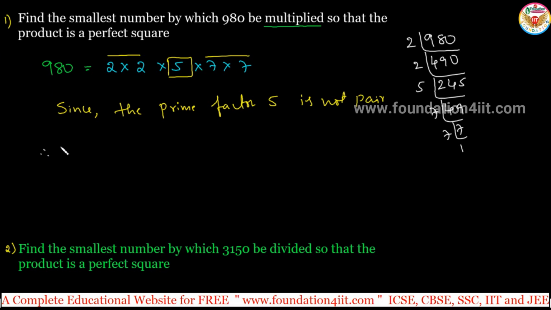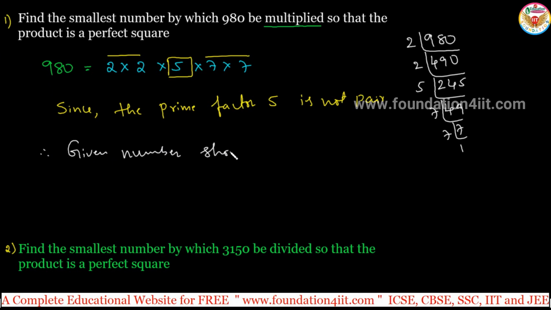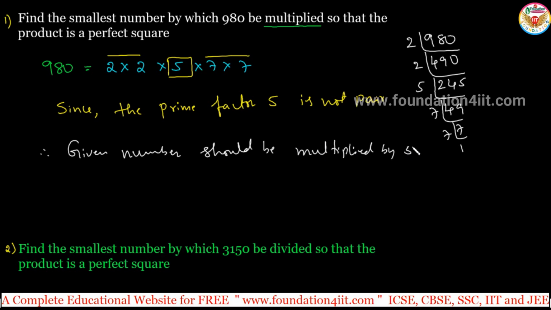So the number that should be multiplied is 5, because one 5 is missing.